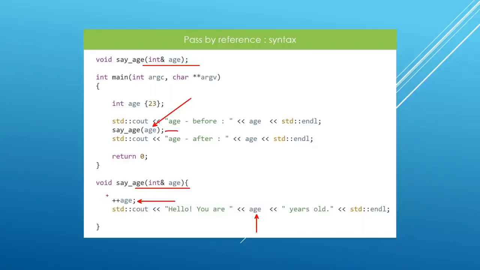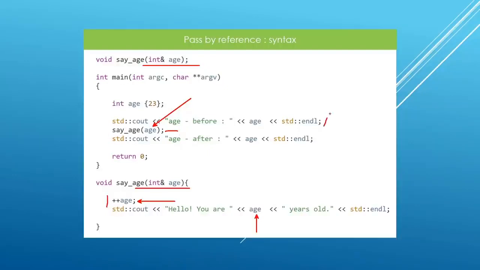The modification we do here by incrementing age is going to be seen on the outside because we are going through a reference. And the reference is a true alias to the variable that the reference is referencing. So by incrementing the age here in the body of the function, the change is going to be seen after the function call.